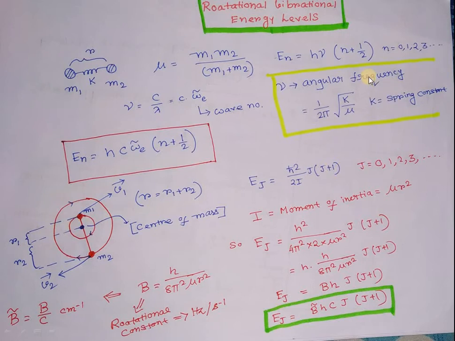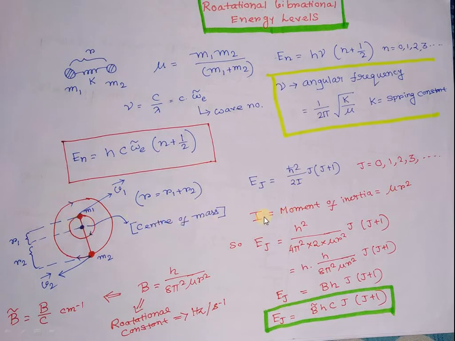Its value is similar to the vibrational energy quantum number: 0, 1, 2, 3, etc., all integer values starting from 0. Here the term I is called the moment of inertia. The moment of inertia basically acts like the mass of the substance. So instead of mass, we are taking the moment of inertia. The expression of the moment of inertia is mu r square, where mu is the reduced mass of the system.